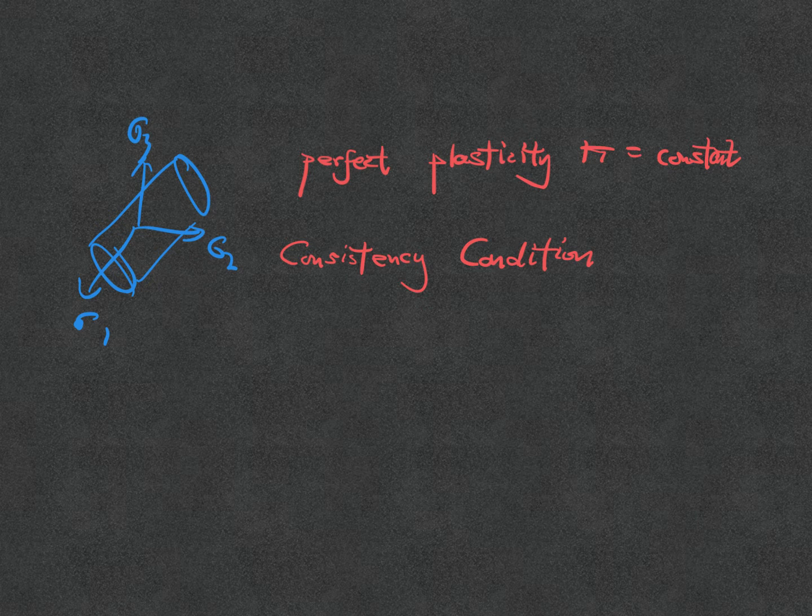It comes from the fact that f dot has to be equal to 0. The change of the yield function has to be equal to 0. Okay, so why is that? Why do we need f dot equal to 0? How come f cannot change in some way?